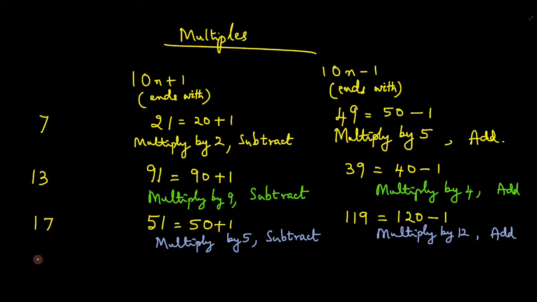For 19, we can take 171 here, that is 170 plus 1, and 19 here, 20 minus 1.